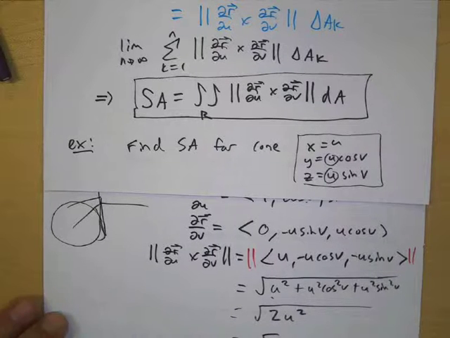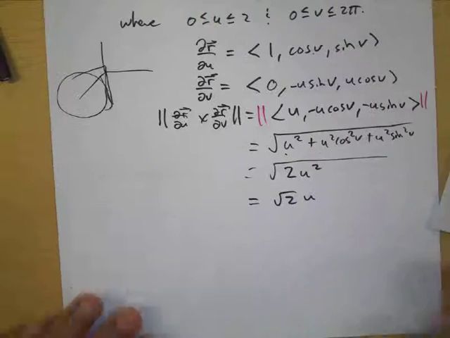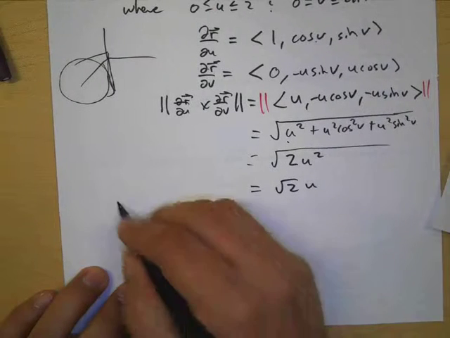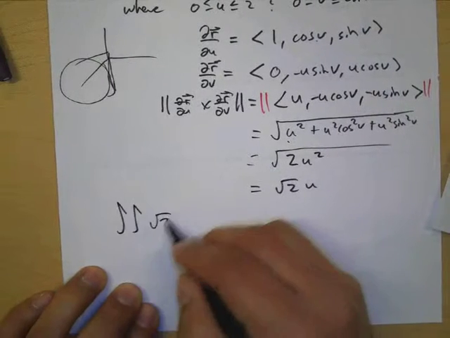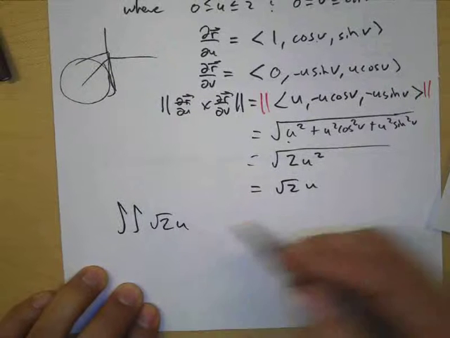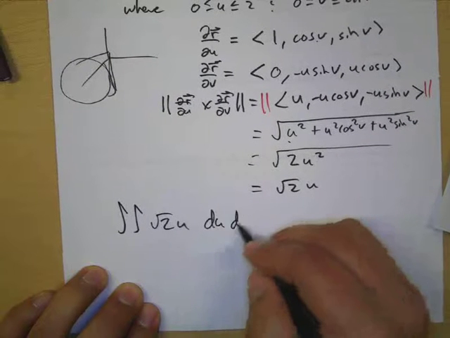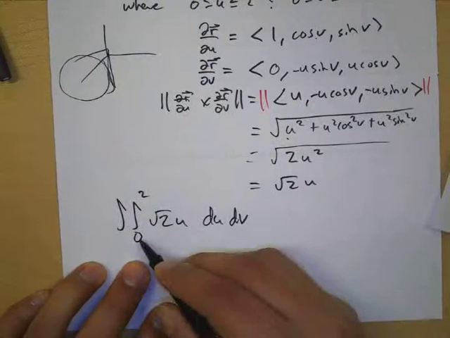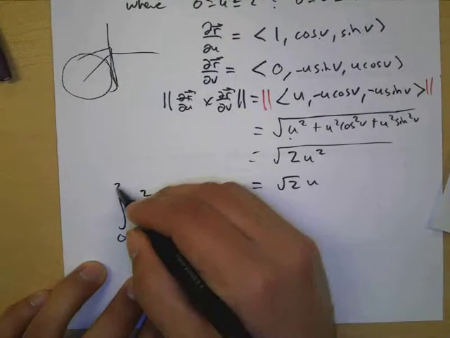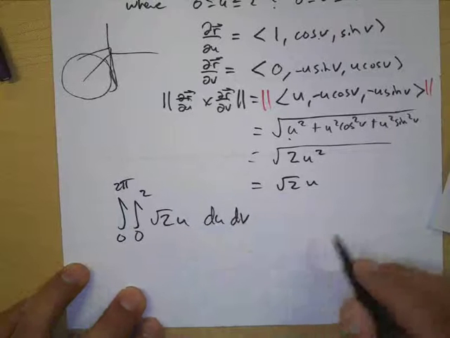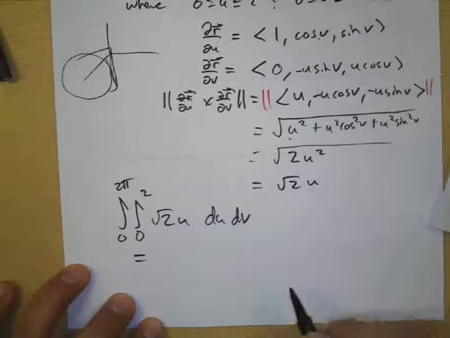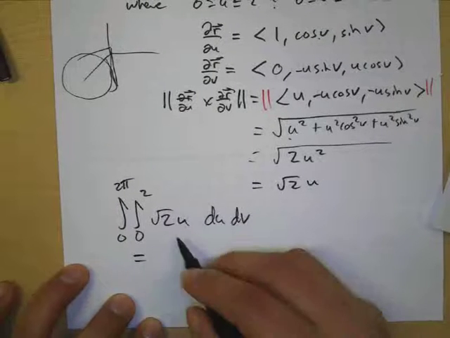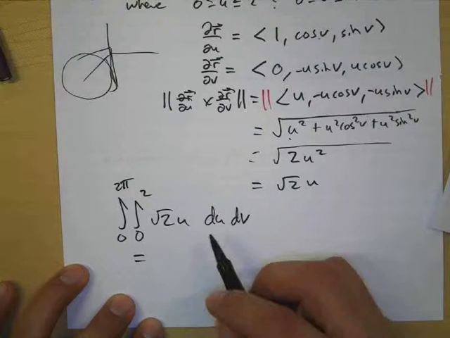So then the integral, pretty easy to work with. Double integral of root 2 u. Let's say I go du dv, and we just plug in the bounds for u, which is from 0 to 2, and then 0 to 2 pi. So root 2 u, when you integrate, would be what? u squared over 2.